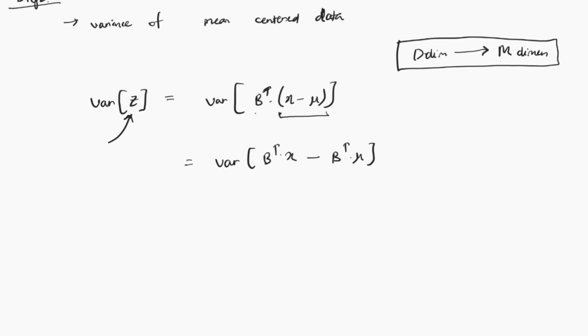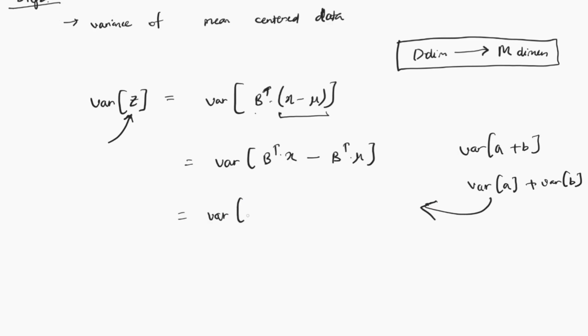And if there is some kind of addition, or we want to subtract something, in that case variance of a plus b or a minus b could be written as variance of a plus variance of b. So it is as simple as that. We will apply this rule here. So variance of bt x minus variance of bt mu.